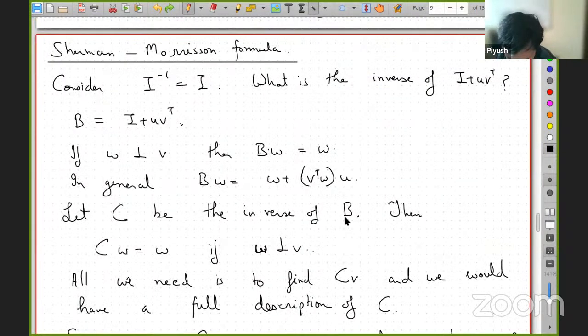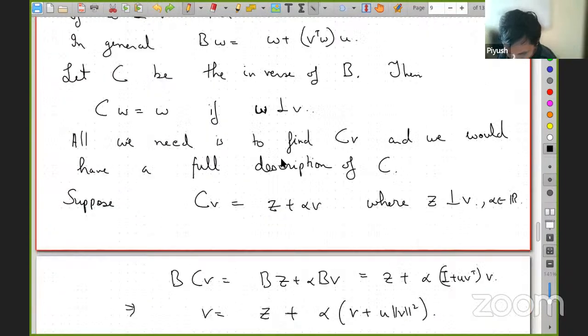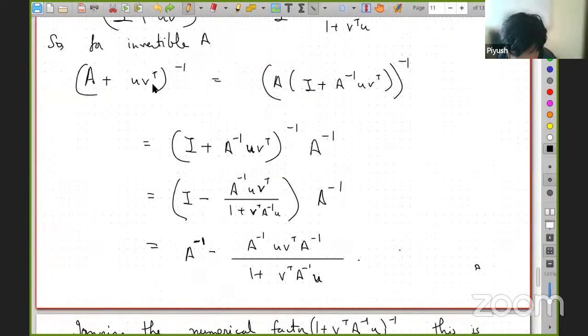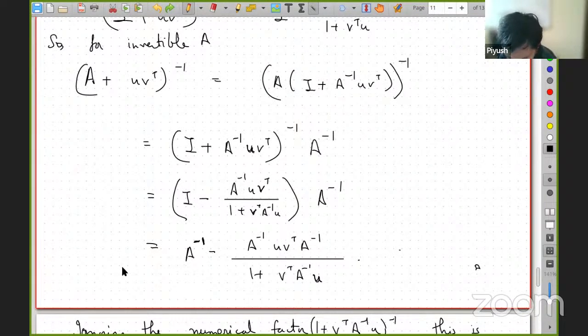So the general trick of all of this is to concentrate on the space of the rank 1 matrix. It acts non-trivially only on a small space, so you just concentrate on that space and do calculations there. Using that trick, we saw that (A plus UV transpose) inverse is A inverse minus something; we got an exact formula.